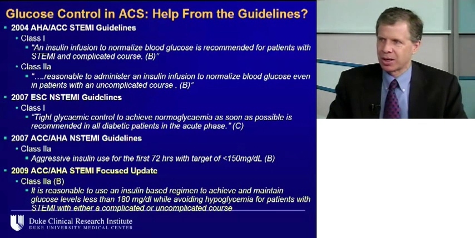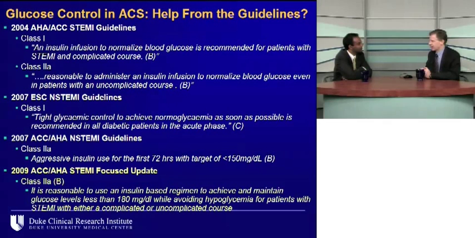This is also based on some critical care studies, including one from Leuven, suggesting that in the intensive care unit that insulin use to normalize blood sugar seemed to be associated with better outcomes. And then this was also reflected in the 2007 non-STEMI guidelines, both the ESC and the ACC-AHA as a Class 1 or Class 2A recommendation to have fairly aggressive control of blood sugar in non-ST elevation MI.